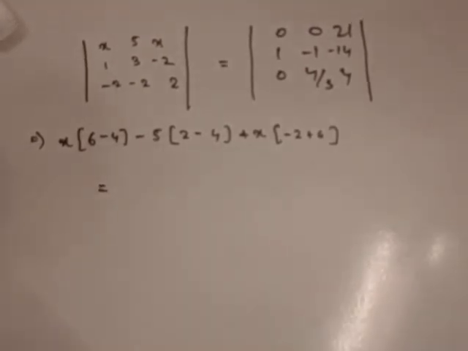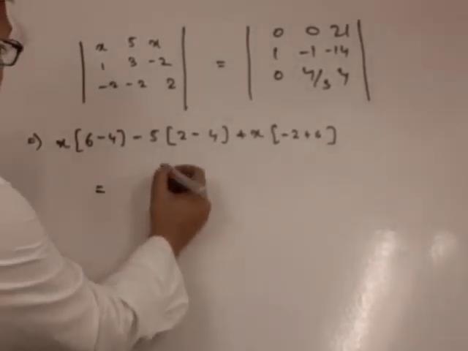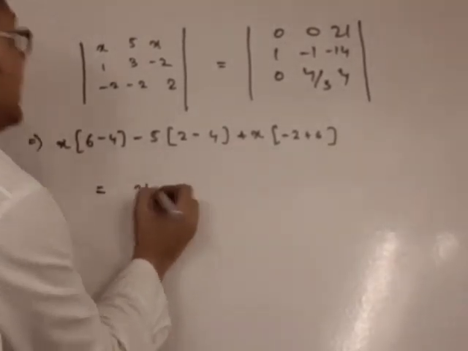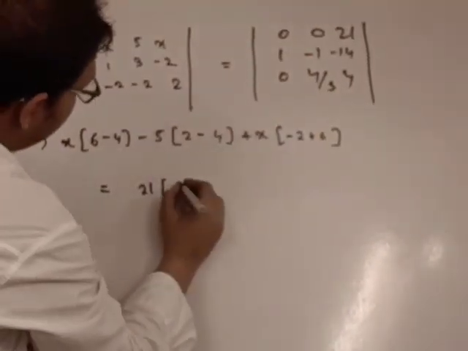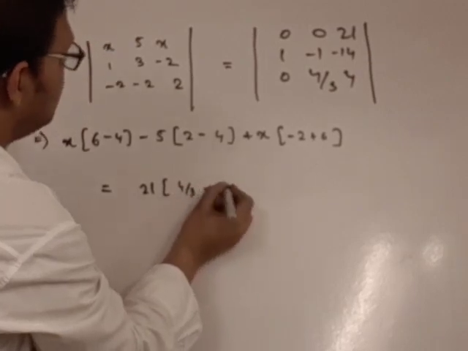So 0 and 0 multiplied do not produce any result. So I just get 21 into 4 by 3 minus 0.